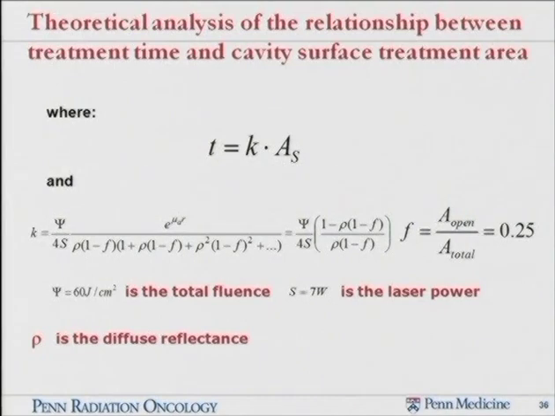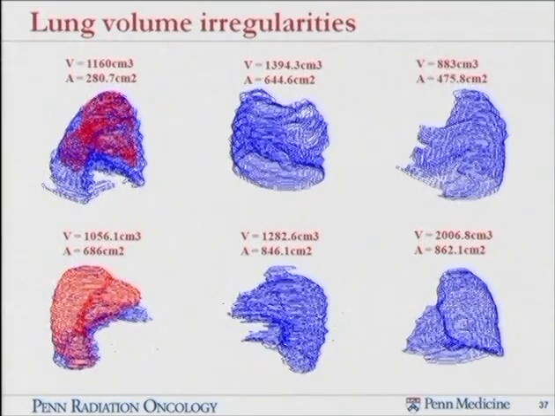So the treatment time is a function of the total fluence, which we know, and we change somewhat for different patients, but it's 60 joules per centimeter squared, and the surface area, and the optical properties, which we happen to measure for each patient. We have measurements at least at a few points for all the different types of organs. And the surface area is very complicated.